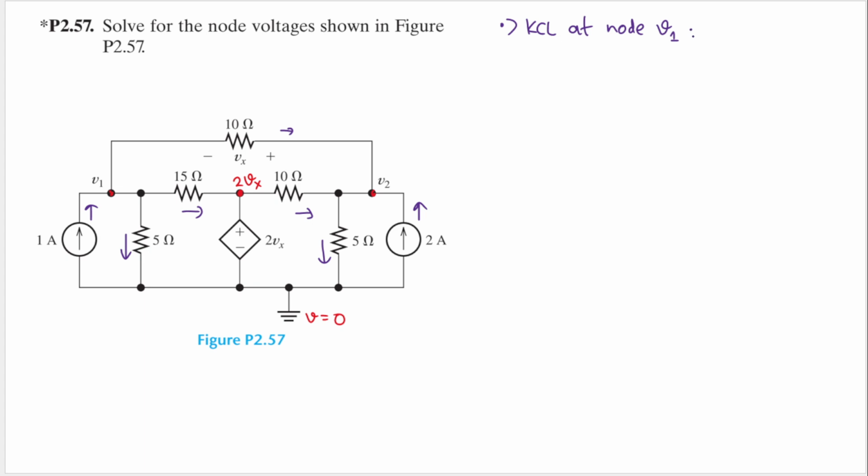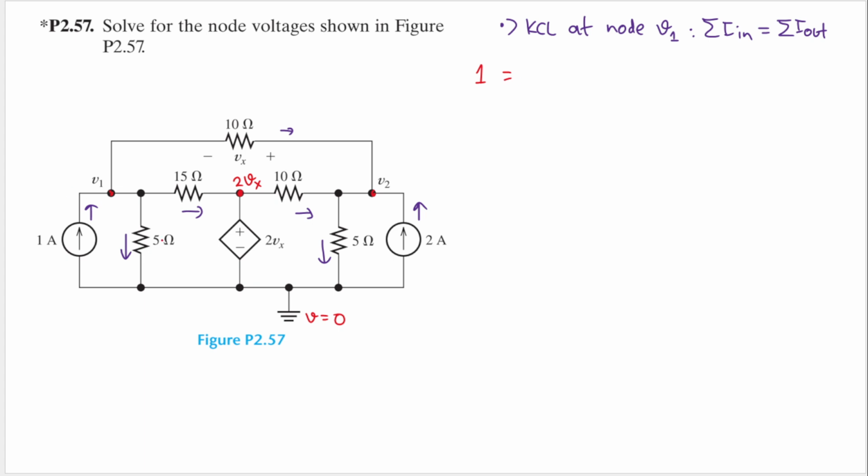KCL says that the sum of the currents that go in will equal the sum of the currents that go out. The only current that goes into P1 is this 1 ampere current source, so I just write 1. All the other currents are going out.